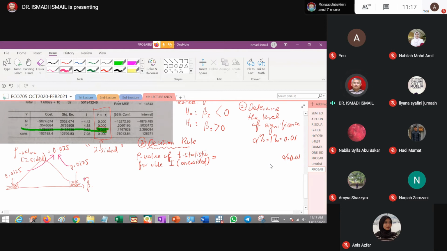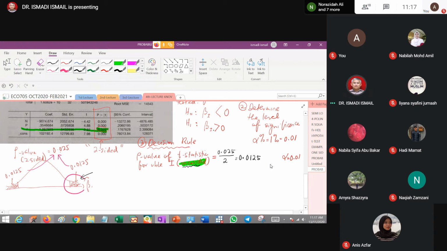So each side here is 0.0125, meaning that if we want to find the probability value for one-sided, the two-sided probability value must be divided by two. 0.025 divided by 2 is 0.0125. One-sided.